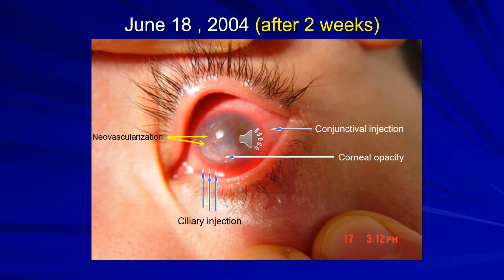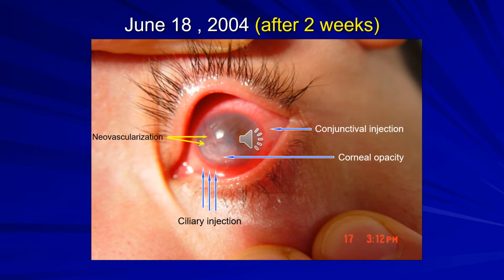After 2 weeks of starting treatment on June 18, 2004, the ulcer healed, but it left a corneal opacity, and as we see in this slide, the conjunctival injection is clear, as well as the ciliary injection and also the corneal opacity.